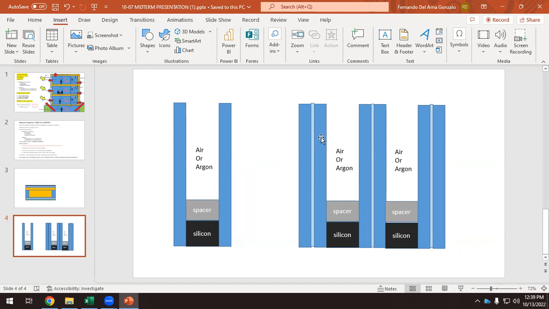Sometimes we have this laminated glass outdoors, and usually we don't have it indoors, because indoors, even if that glass breaks, it's very unlikely that it can affect someone because of the height. But if that happens on the third floor and the glass hits you, then you have a problem. So that's the difference between double glazing and triple glazing.